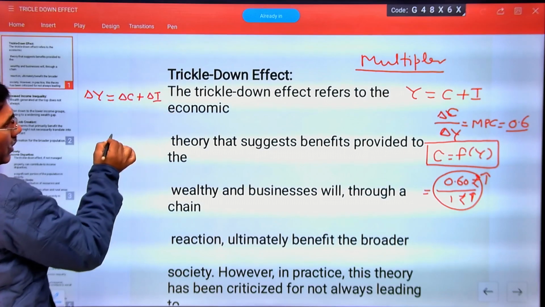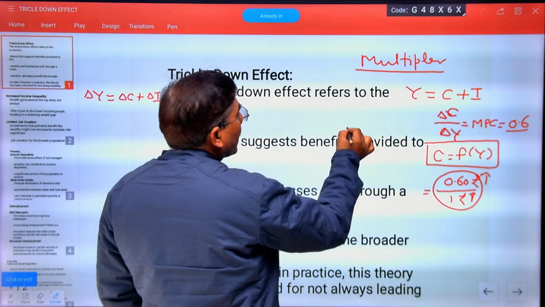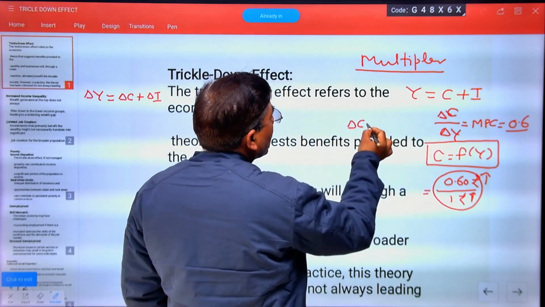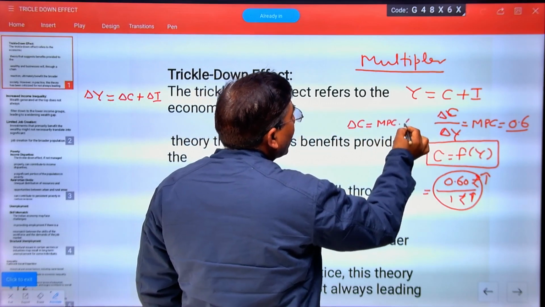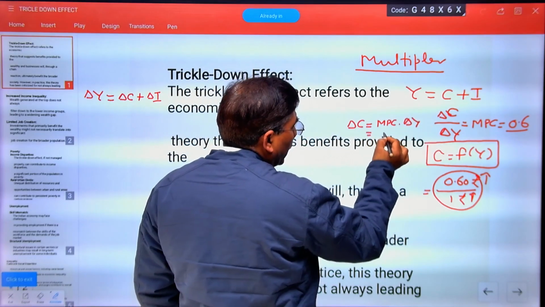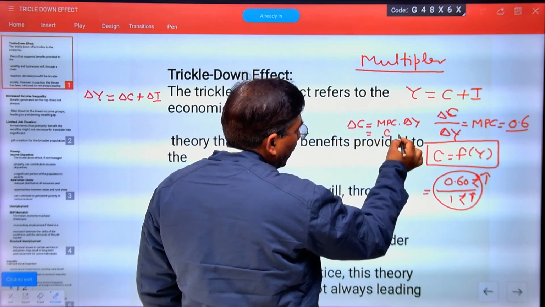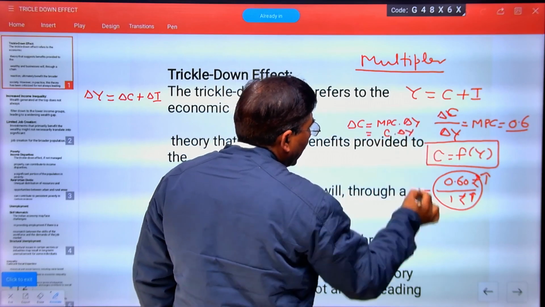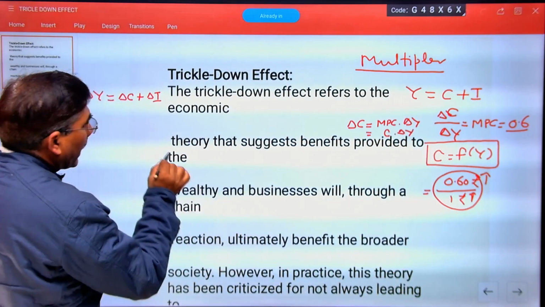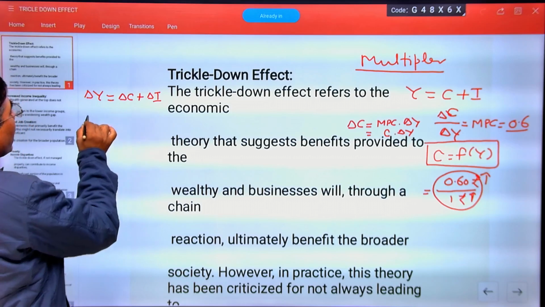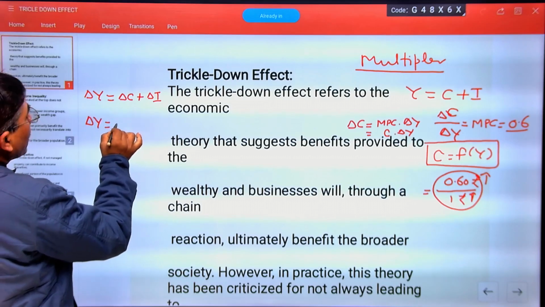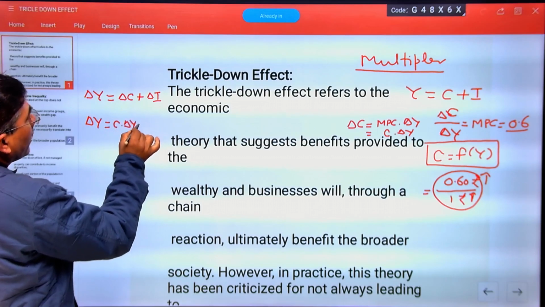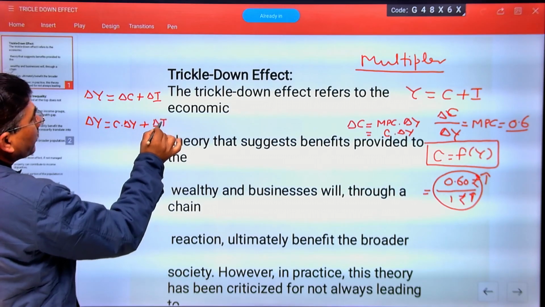And you know the value of delta C on the basis of these equations: you can derive it as MPC into delta Y. If I put the small c in place of MPC, then if I put the value of delta C in this equation, the equation will be delta Y = c delta Y + delta I.